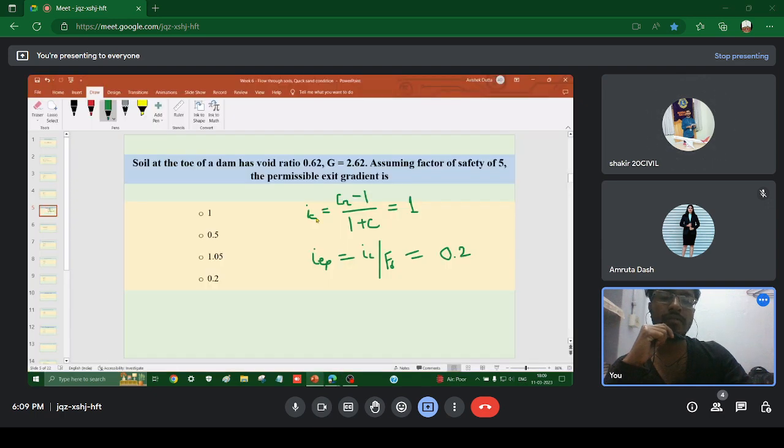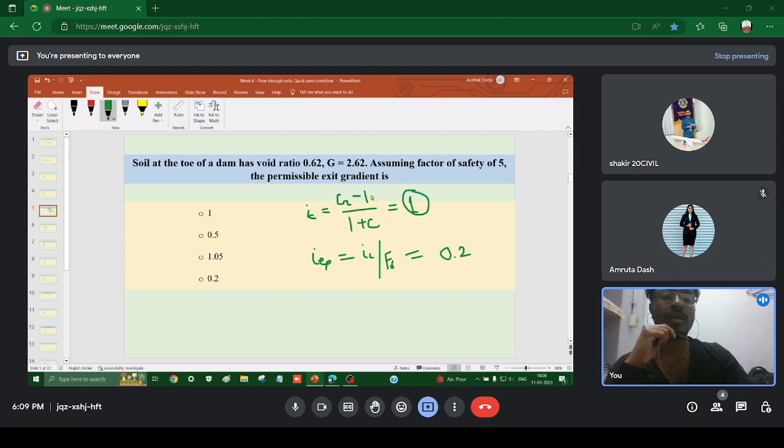Because see, if the exit gradient is high, then there will be a risk of piping failure. So I am introducing a factor of safety of 5 in order to reduce the possibility of piping failure. In this case, the critical exit gradient is 1. If the exit gradient is above 1, then there will be piping failure.